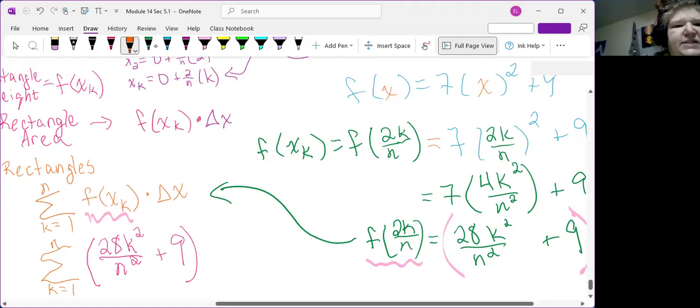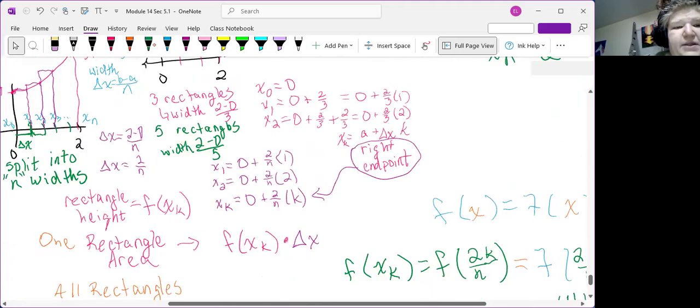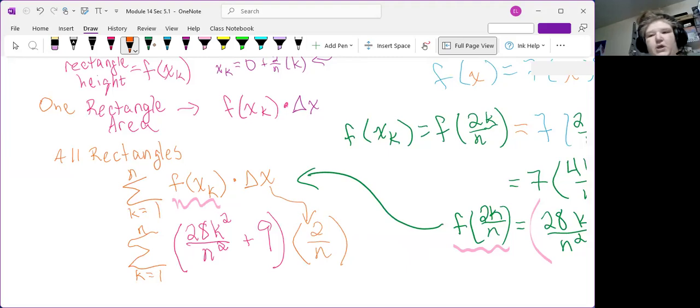And then while we're at it, let's just go ahead and make the substitution for our delta x. Way back here, that was 2 over n. Okay, so our sigma here, we've got a beautiful formula. All right. Now we're going to use that new sigma knowledge to start messing around with all this.